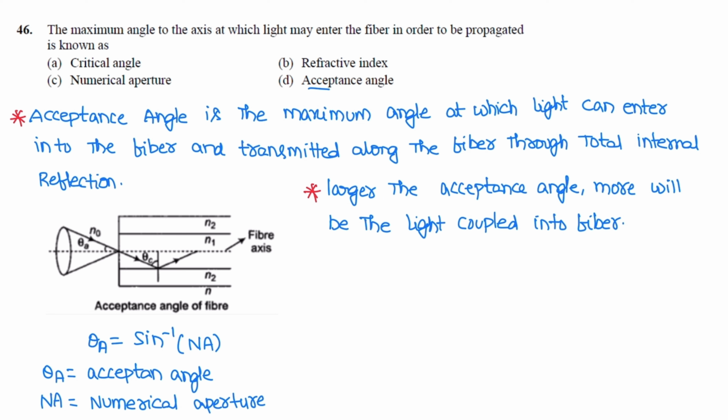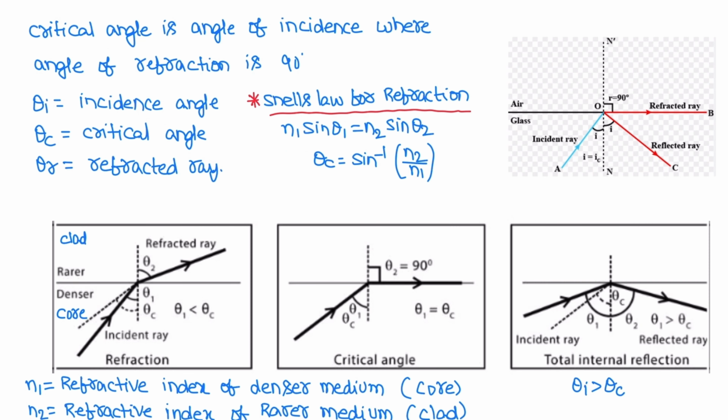So let us see the critical angle definition also. Critical angle is the angle of incidence where the angle of refraction is 90 degrees. It is the minimum angle of incidence for which light grazes along the surface of the boundary.